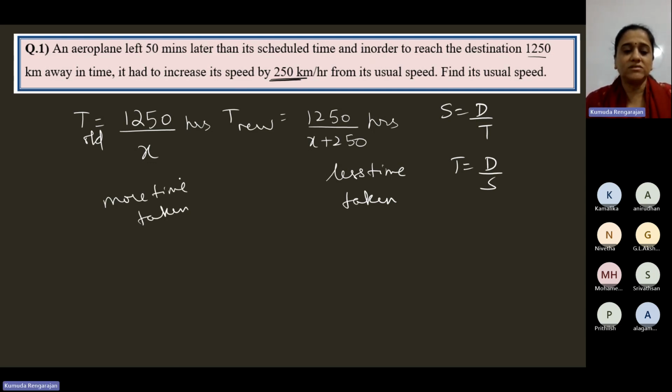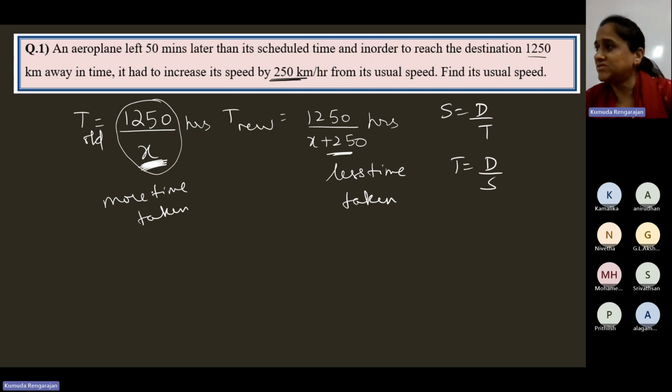When you compare the speeds x and x plus 250, here the speed is less, so the time taken is more here. What is 1250 by x? It's the value of time here in hours. This value is more because the speed is less.